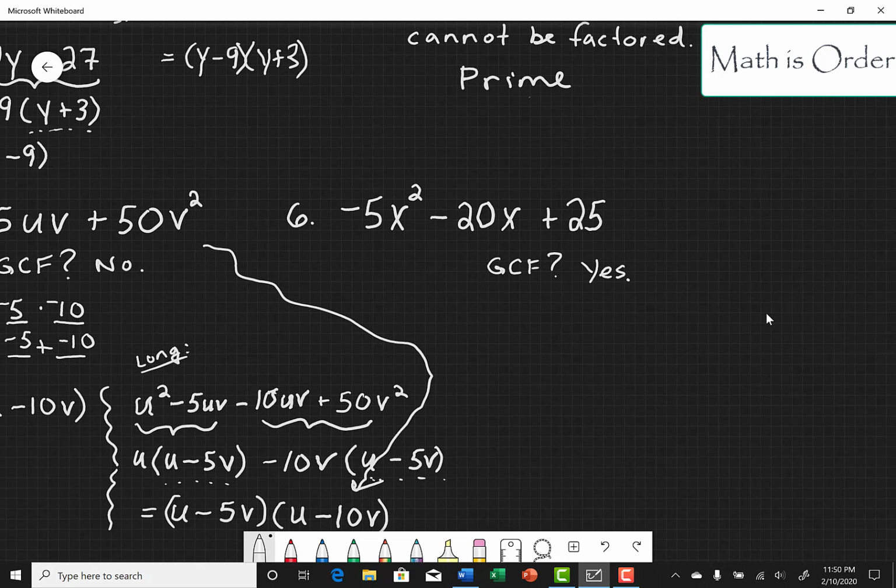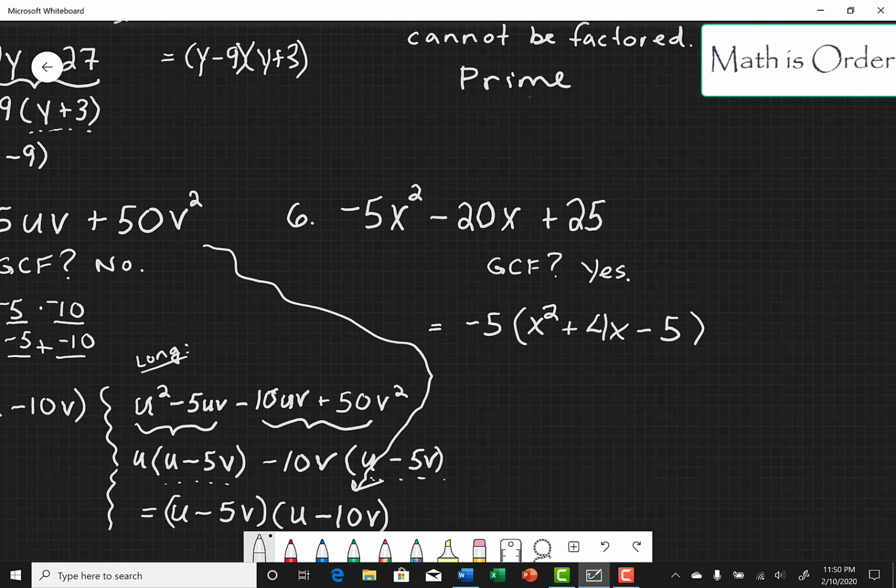We can see that it is negative 5. When you take negative 5 out of all three terms, you're going to have left over x squared plus 4x minus 5, right? And now your thing is to factor this piece.